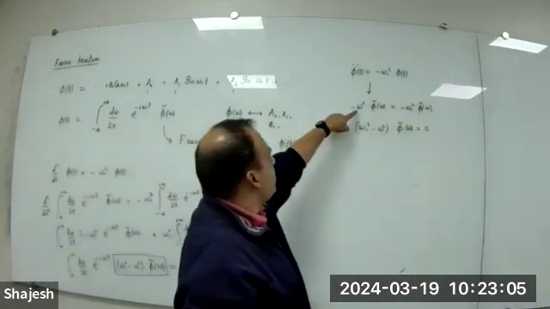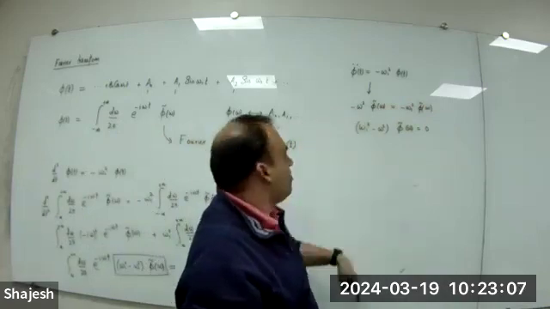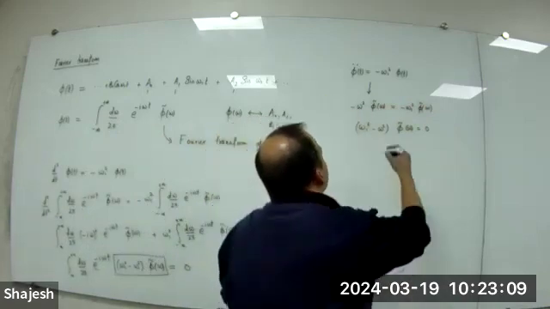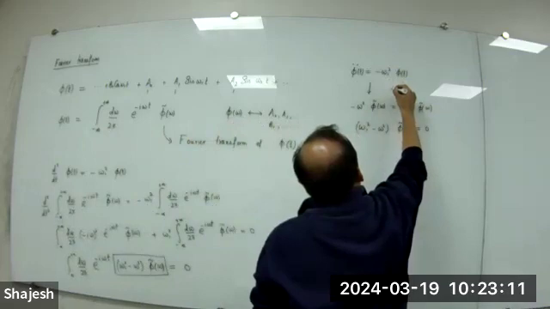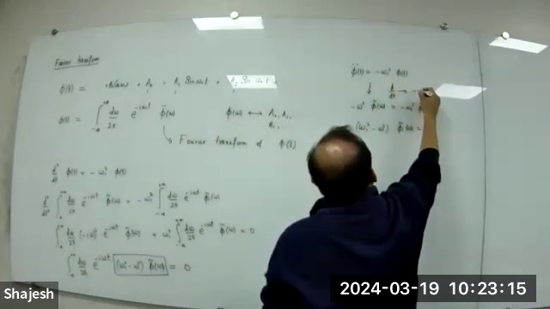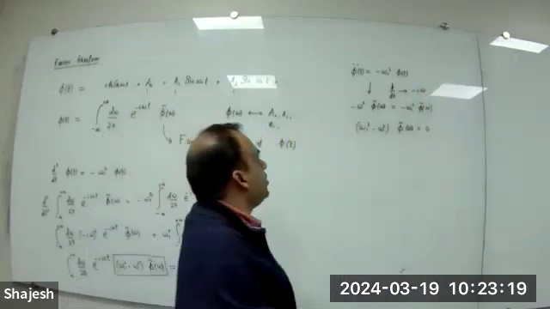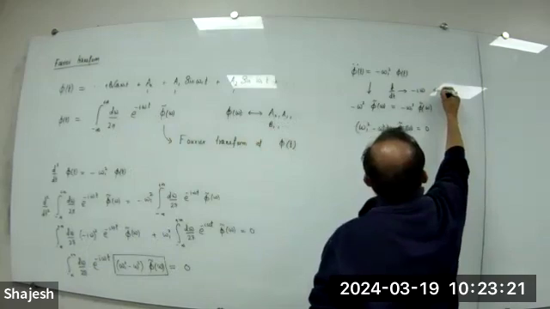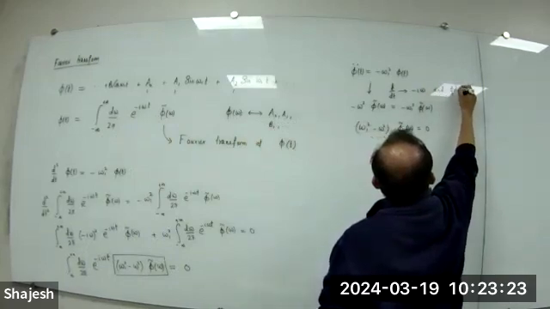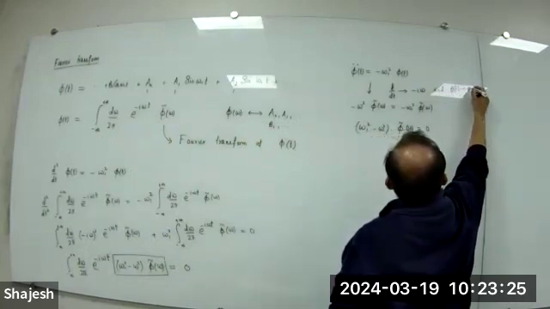I wrote an in between step because this is what you get if I were to replace this time derivative with minus i omega, I immediately get this. So I'm doing two swaps, and phi of t to phi tilde of omega.